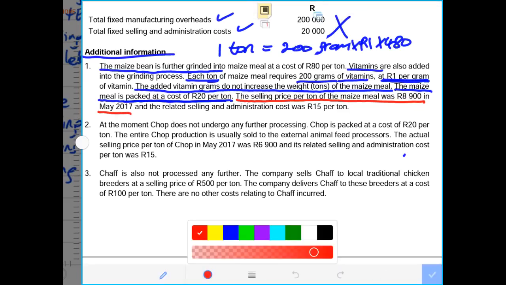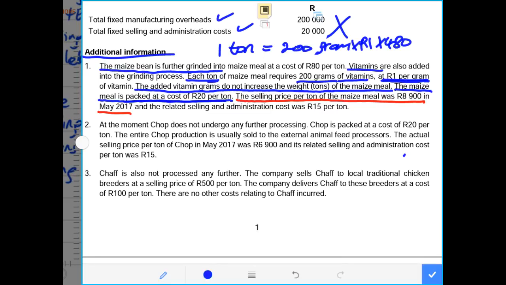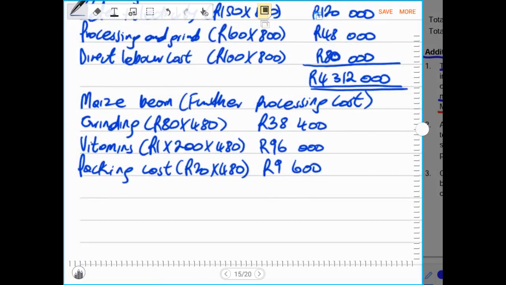So now we have taken this into account, then we must go to the next step. It says, and the related selling and administration cost is 15 Rand per ton. So there is a selling cost. So let us include selling plus administration cost.